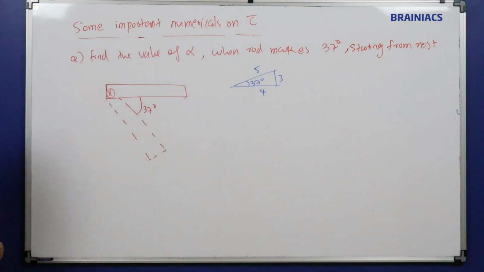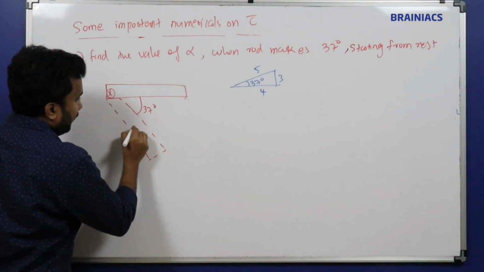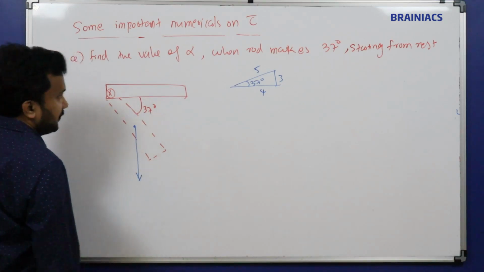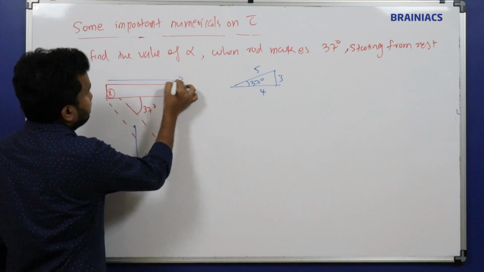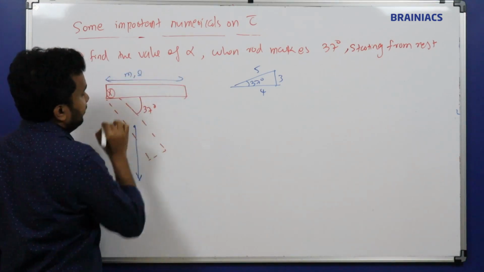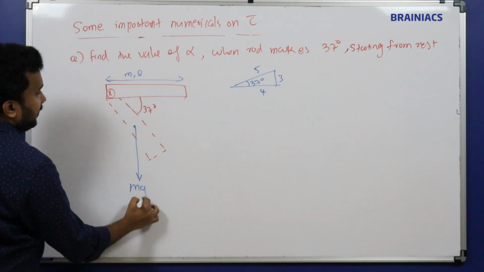So what forces are acting here? This is the hinge. There is a force acting from the center of mass, which is the weight, with mass m and length l. This is the weight mg.